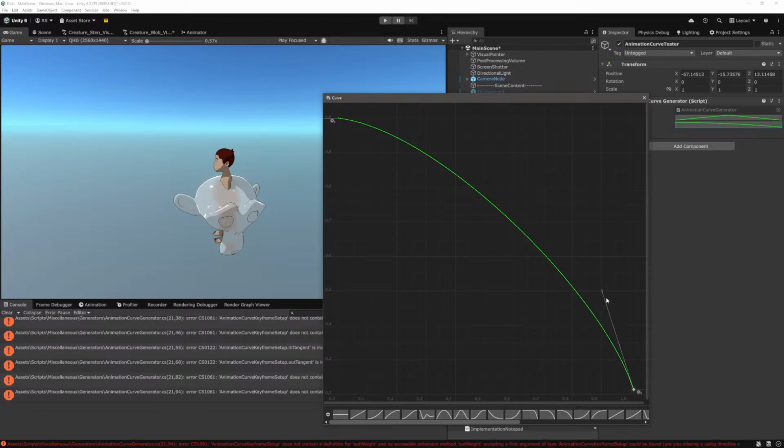And the intangent, I think we can get. It depends on if I might have overlooked something. So let's see here. Intangent is 3. Yeah, that we can get. We just do y value 0.5 divided by x value, or 0.5.